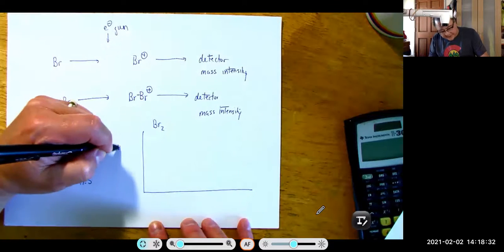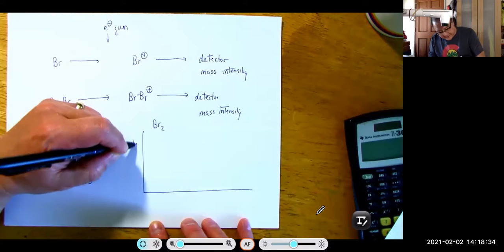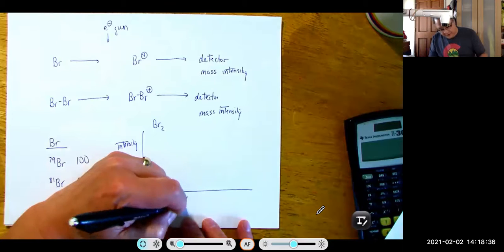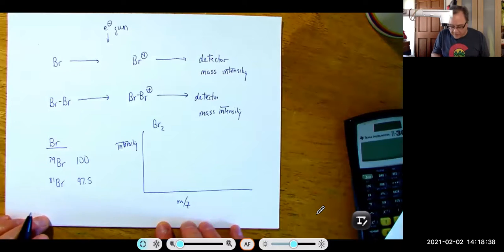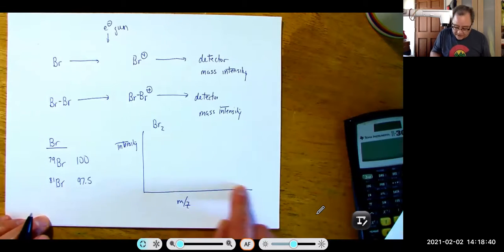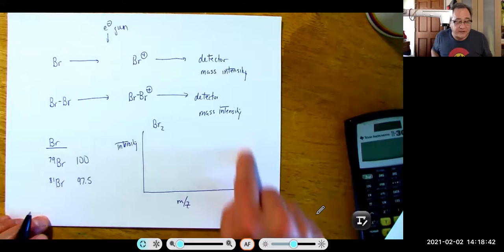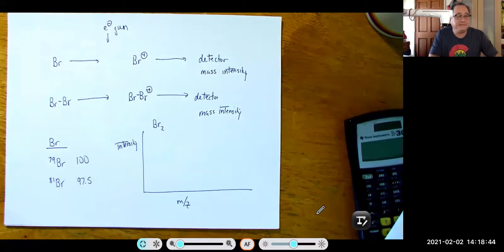This is going to be intensity, and this is going to be the mass to charge ratio. So you've got to figure out what masses you're going to put here and how tall the peaks are going to be, gut feeling. So go ahead and work on that. And when you have something, give me a little indication, like, yeah, I've got it, or give me a thumbs up.